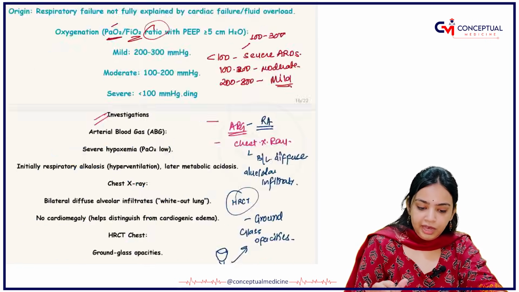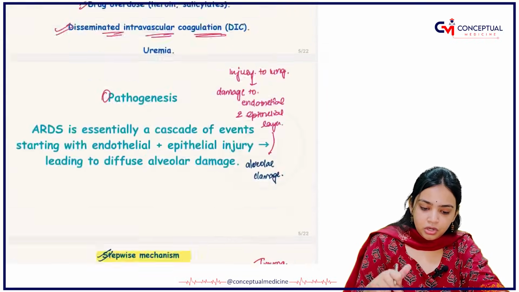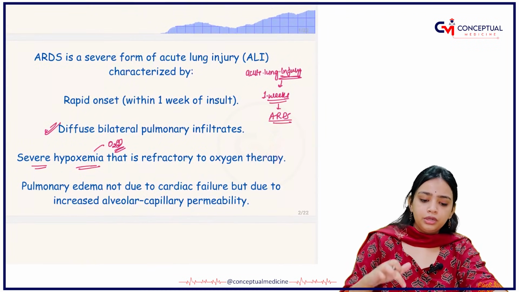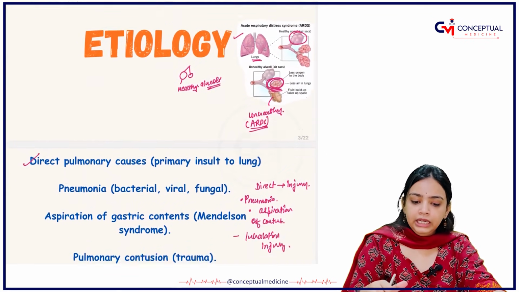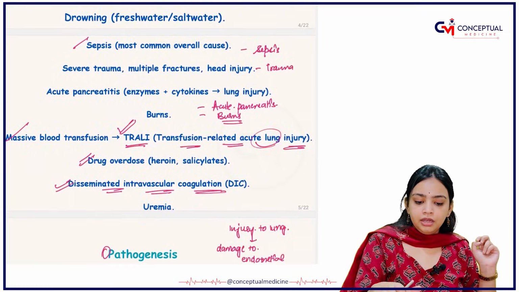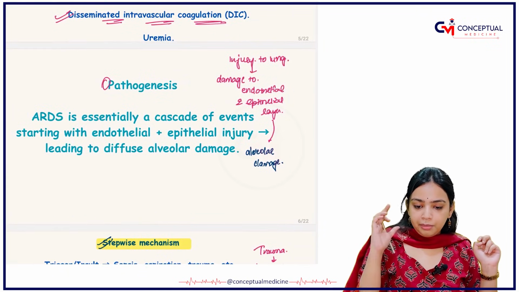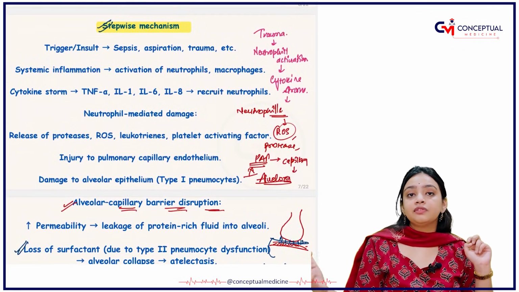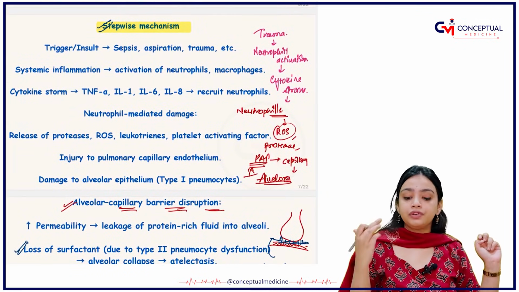Let's just recap what we have read in ARDS. What you need to remember is that it is due to an acute lung injury. Then you have healthy alveoli and unhealthy alveoli. In the pathogenesis, there is alveolar damage, cytokines get activated, and there will be neutrophil infiltration.